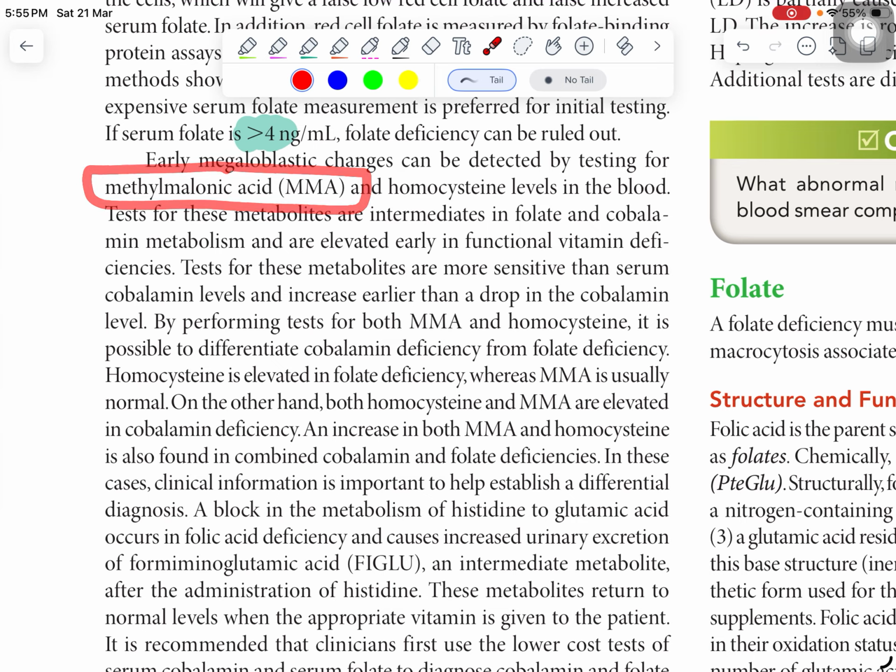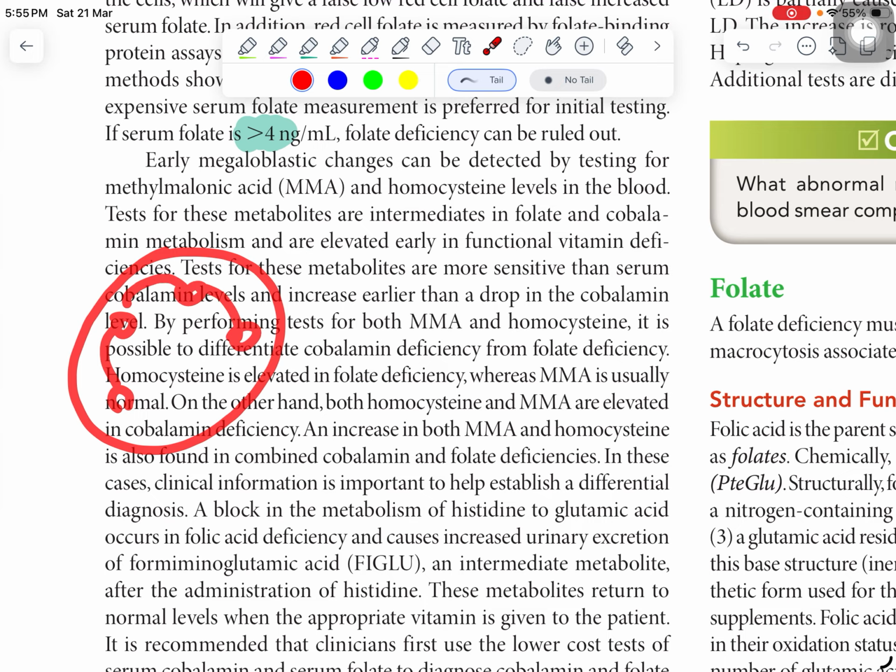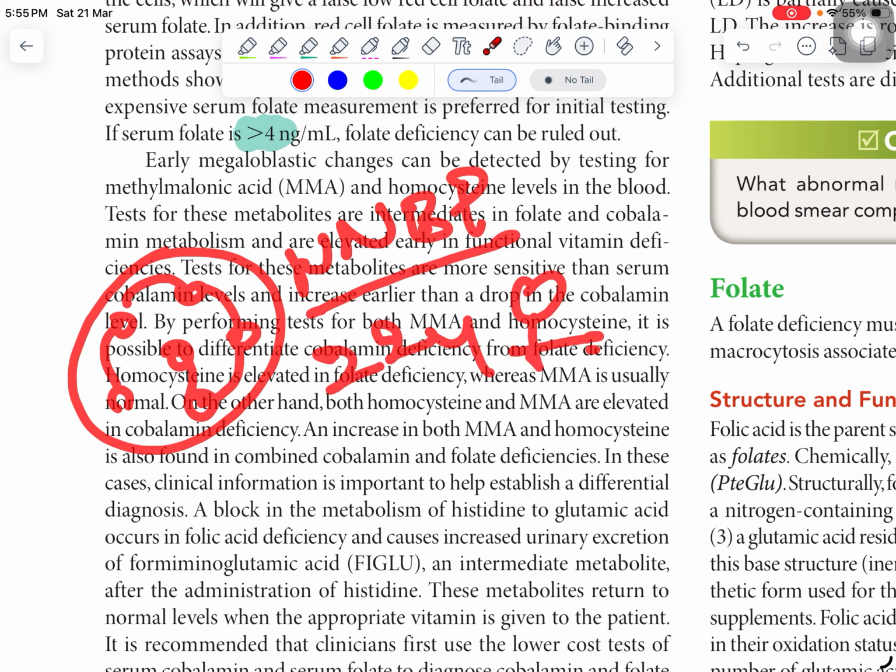Early megaloblastic changes can be detected by testing for methylmalonic acid and homocysteine levels in the blood. So in that patient which I showed you, the case I have seen where there were more than 7 lobes, it was reported as NNBP. That patient was a 22-year-old female with these hypersegmented lobes.